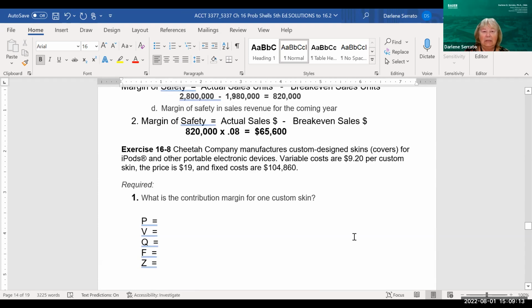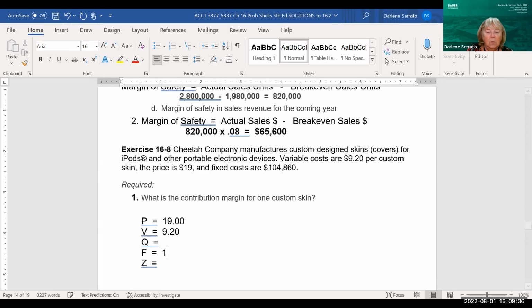Exercise 16.8. Contribution margin for 1 unit. So let's see. Price is $19. Variable cost per unit, $9.20. They gave it all to us.